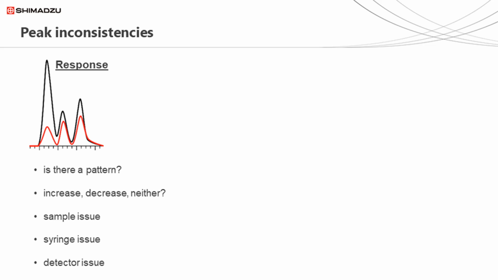Increasing areas suggest a buildup of sample in the system, likely in the inlet. Decreasing area could indicate a progressive loss of sensitivity, either from sample degradation or deterioration of the detector. Random variations in peak area can be an issue with the method or potentially the autosampler. Check if the syringe is clean and functioning well.